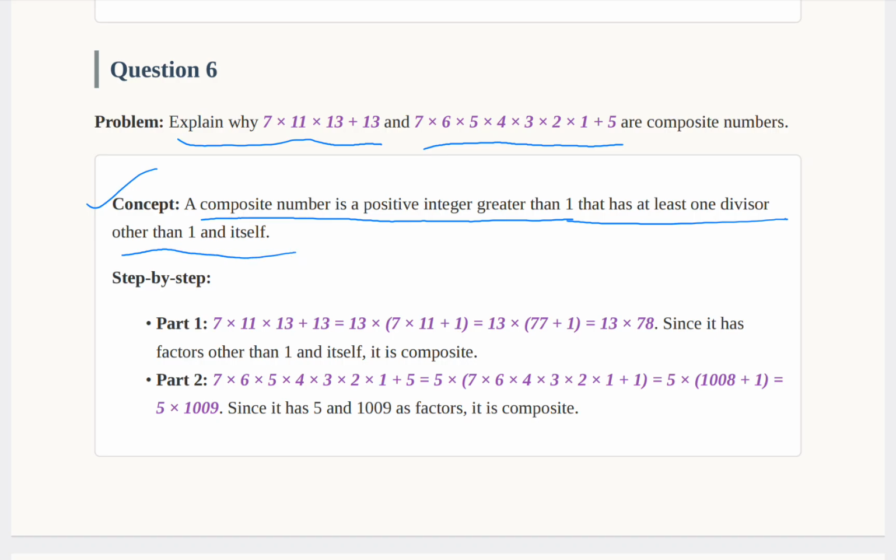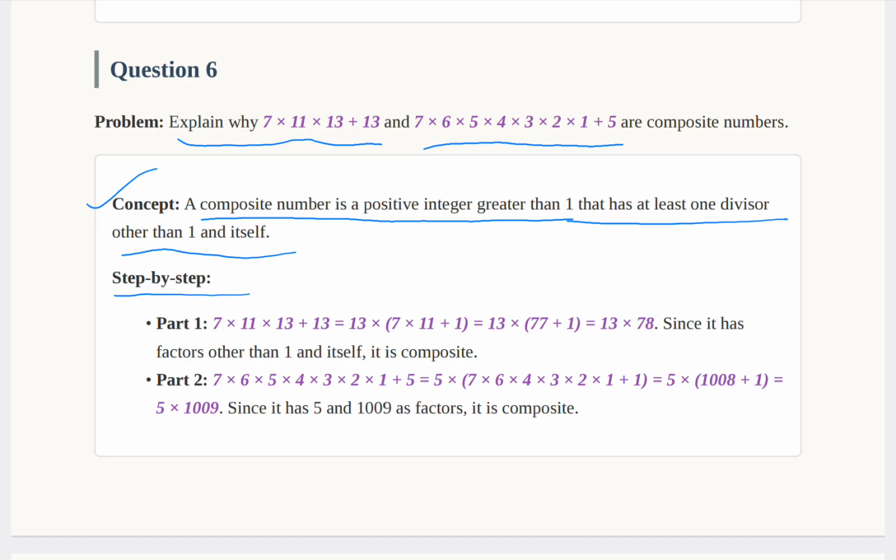Okay, like you can take example of 6. Okay, I will give you one example after some time. Wait, now we will solve step by step.